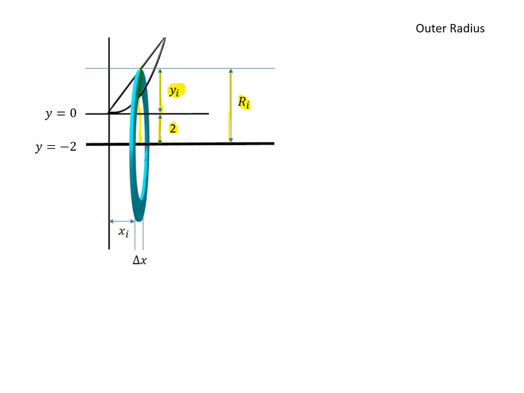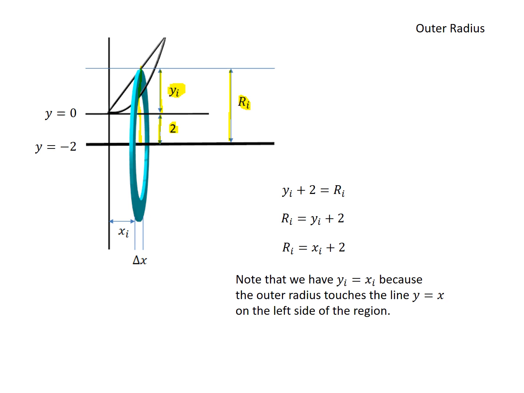So evidently, R sub i is y sub i plus 2. And since on that line segment y equals x, x sub i is y sub i, so I can write R sub i as x sub i plus 2. This is what we want because we want things in terms of x. So here is our outer radius.